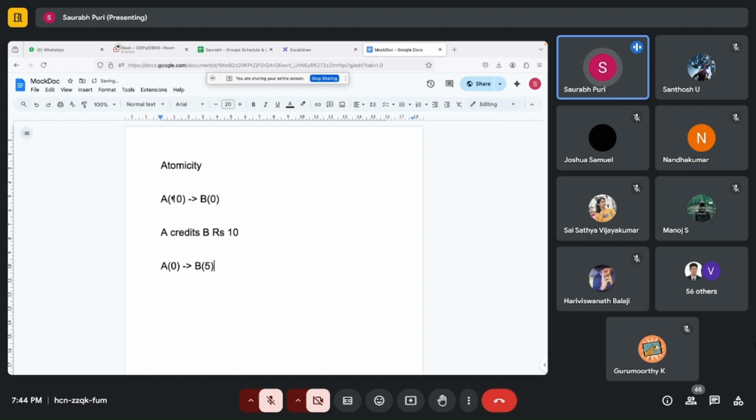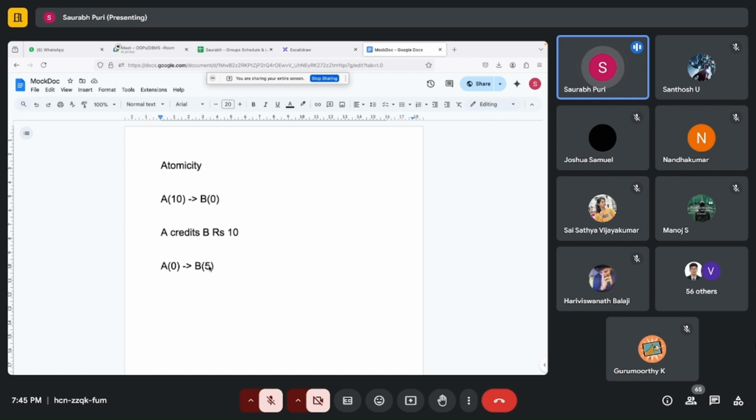You are saying I was crediting B with 10 rupees, but somehow due to some issue only 5 rupees were credited. No. If a transaction consists of transferring 10 rupees, that means your transaction will transfer 10 rupees as a whole, not partial money. That is not atomicity. So atomicity guarantees that your changes are committed as a whole or rolled back.